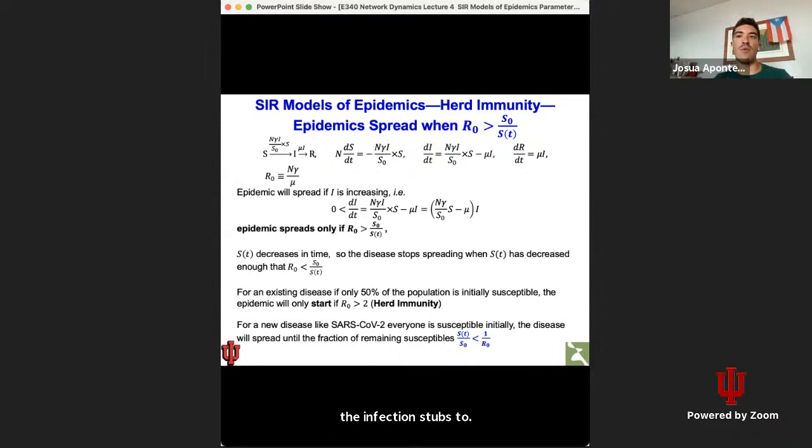So that is an important indicator. For example, if we know what R naught is, and we know what S naught is, we have an idea of when the infection will reach a maximum and start decreasing, once we have a particular number of susceptible individuals left in the population.